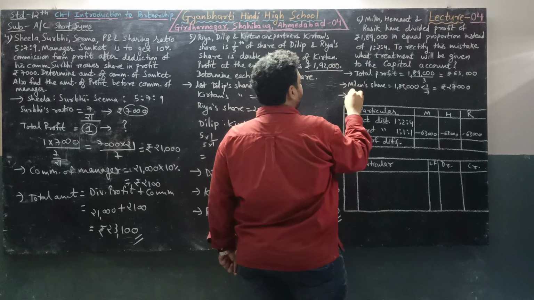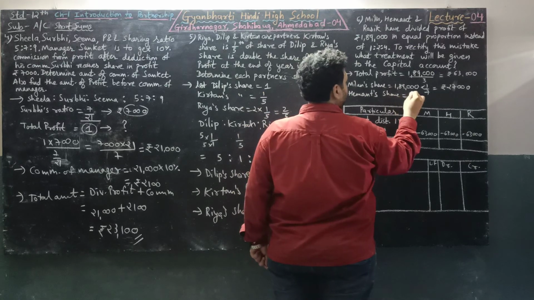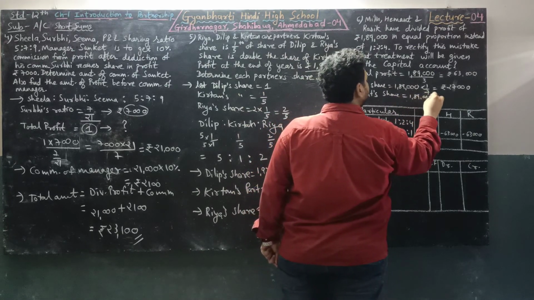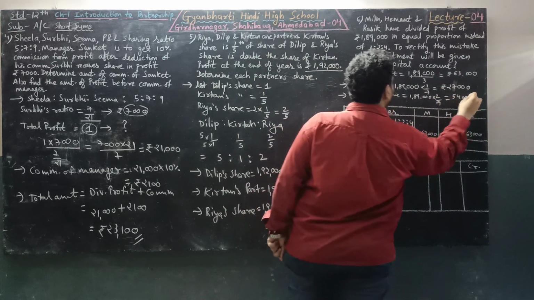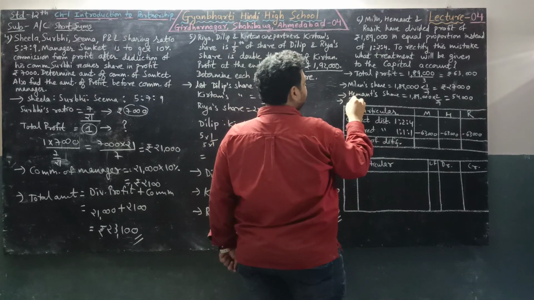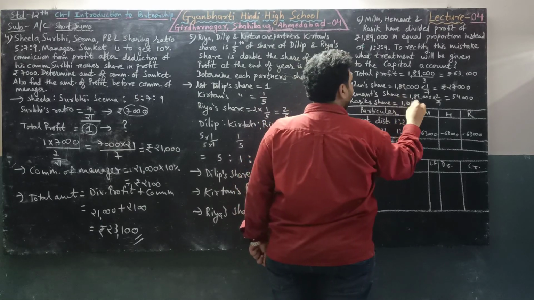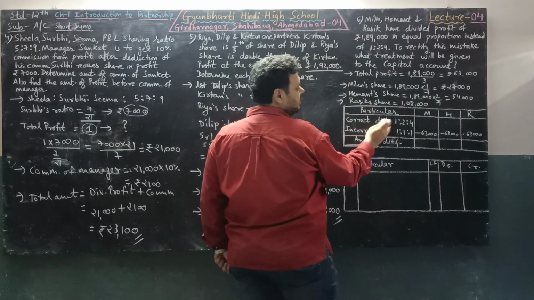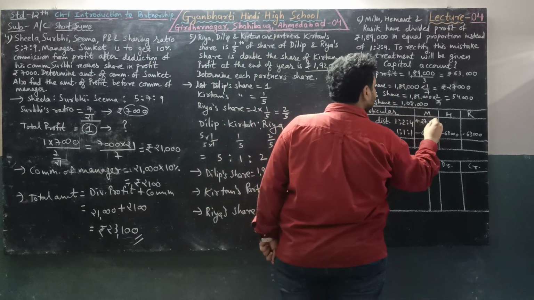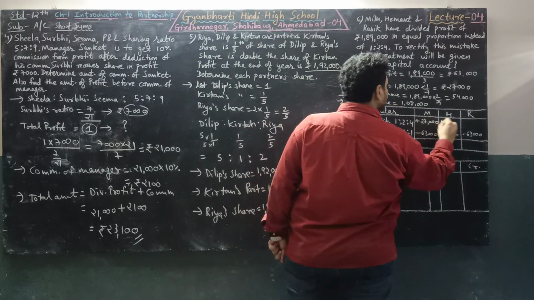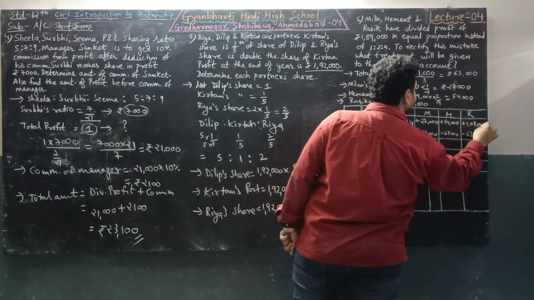Similarly, Hemant's part will be 1,89,000 into his part is 2 upon 7, that will be 54,000, and calculating in the same way, Rasik's part will be 1,08,000. So keeping their correct distribution into the table, Milan's correct share is 27,000, Hemant's correct share is 54,000 and Rasik's correct share is 1,08,000.